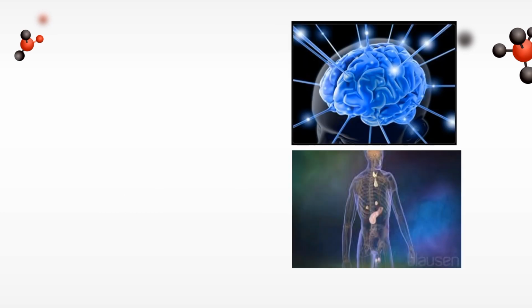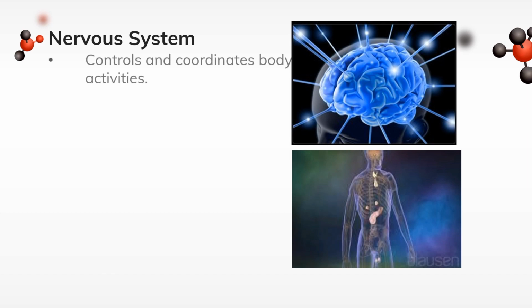Next, there is nervous system. It contains brain, spinal cord, nerves, and sense organs. It is one of the body's two major regulatory systems. It controls and coordinates body activities that require swift responses.